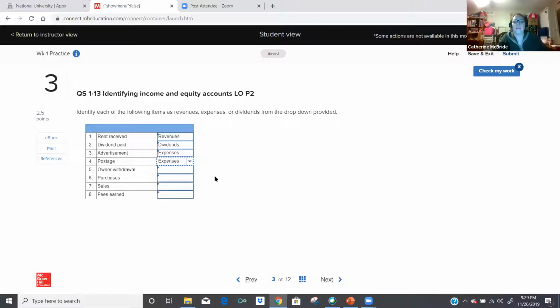Okay, so if you have a company that has common stock, then when you give money back to the owners, it's called a dividend. If you have a company that isn't one with stock, it's not a corporation, if you have any other company, then the money that goes out and back to the owners is called a withdrawal. So it's called an owner withdrawal.